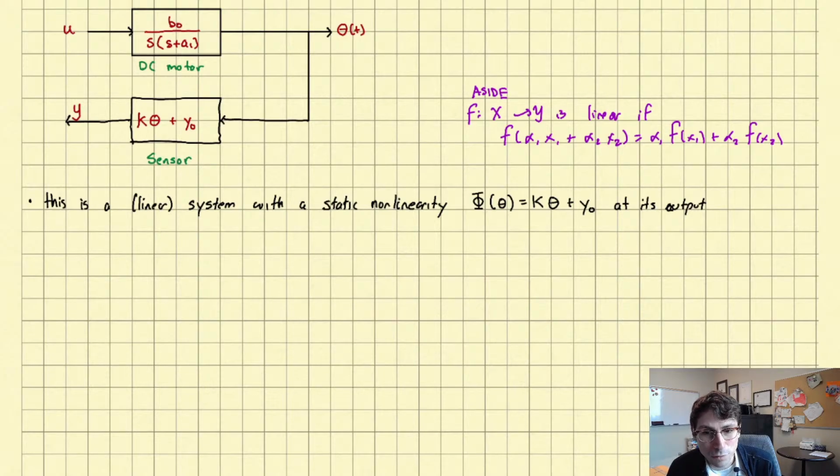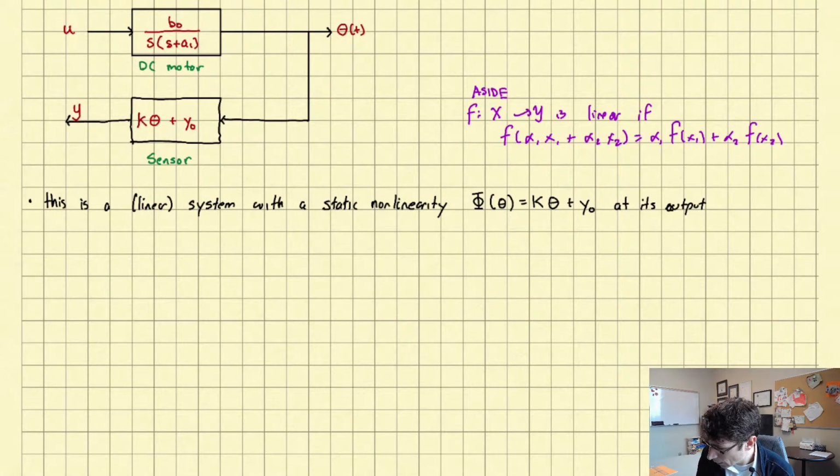So that has to be true for all x1, all x2, all alpha 1, all alpha 2. So choose alpha 1 equal to 1, x1 to be whatever you want, alpha 2 equal to -1, and x2 equal to the original x you chose. And you will see that f of 0 must equal 0. It's a property of linearity. f of 0 must equal 0. If it doesn't pass through the origin, it's not a linear function.